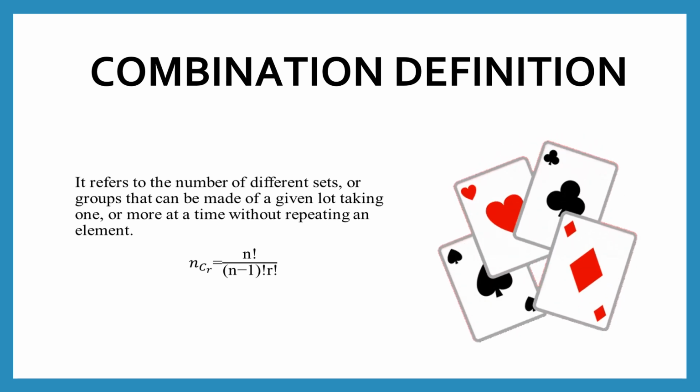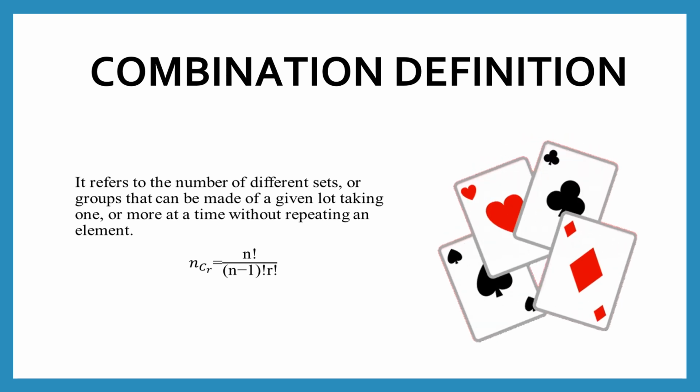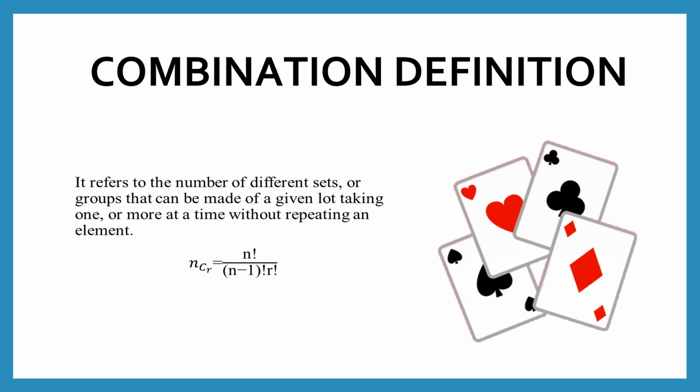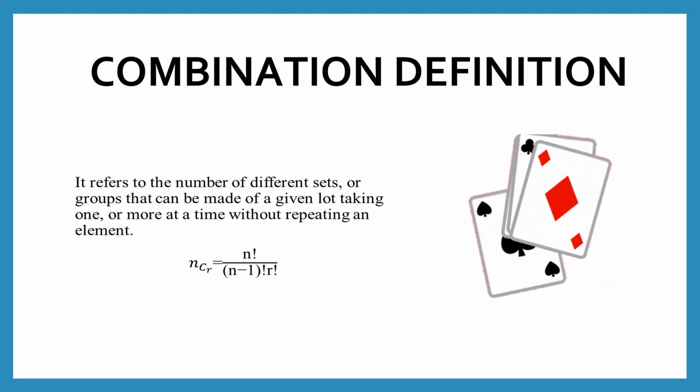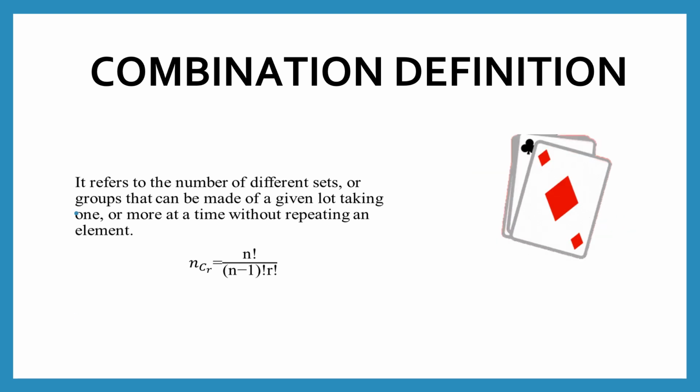For example, if there are three things, say A, B, and C, the following are the different possible combinations which can be formed of them taking 1, 2, or 3 at a time respectively.